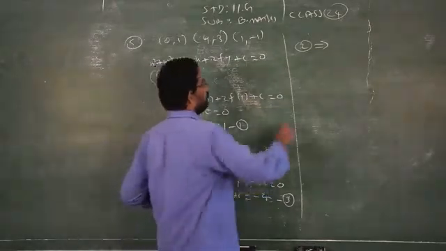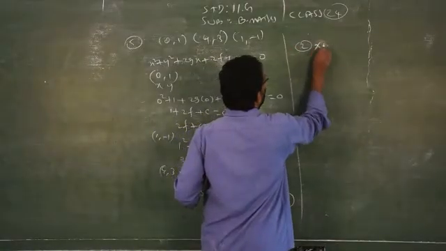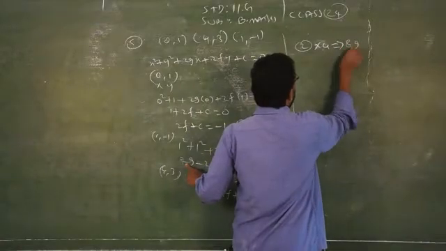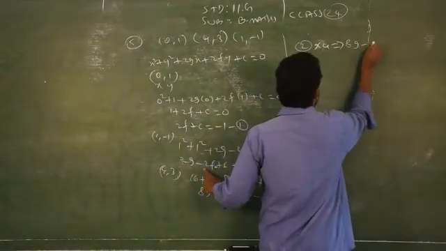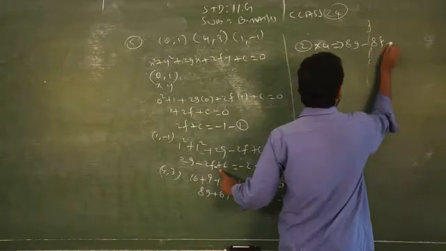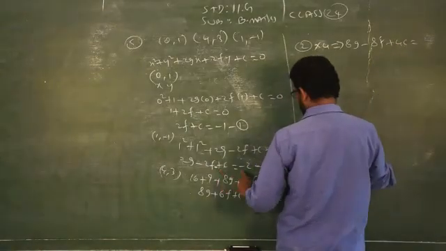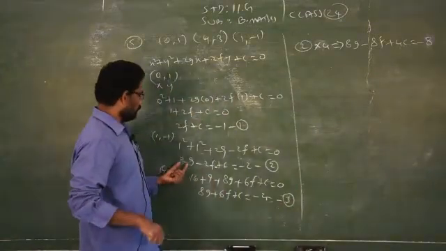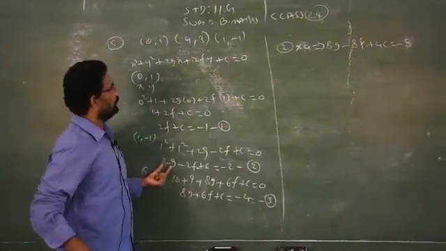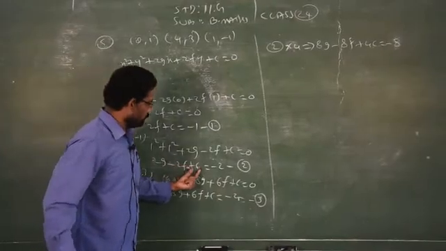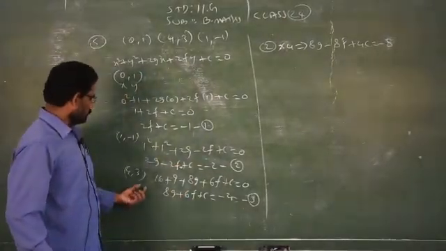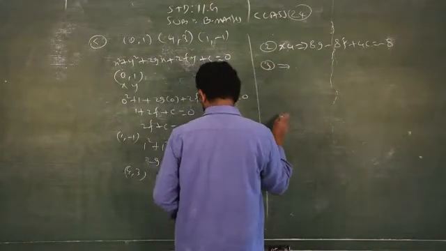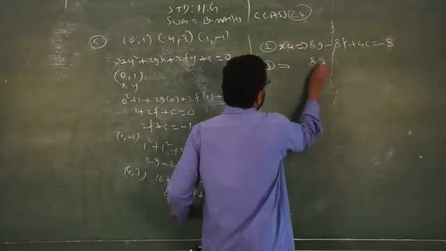So you have to multiply equation number 2 by 4. 4 2s are 8, 8g, 8f plus 4c is equal to 4 2s are 8. Clear? I am just multiplying equation number 2 by 4. 4 2s are 8, 4 2s are 8, 4 1 is 4, 4 2s are 8. Then you write the third equation as it is. No need to change it because the coefficient of g is the same.